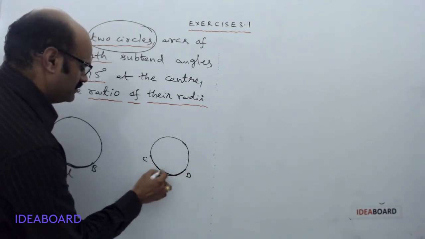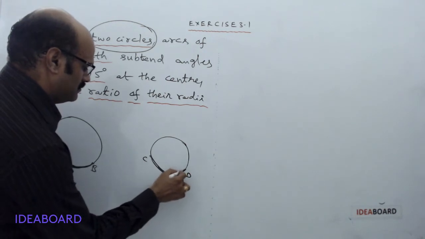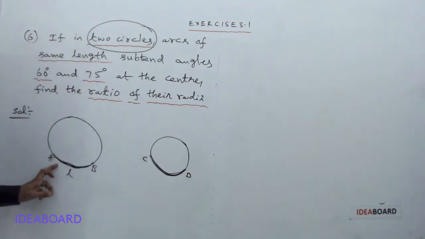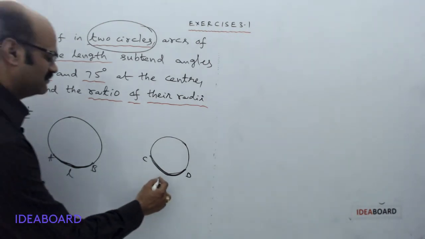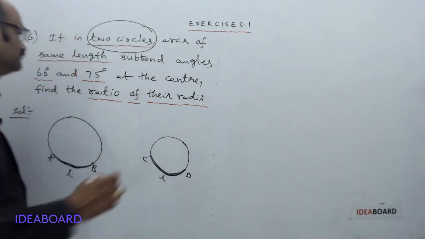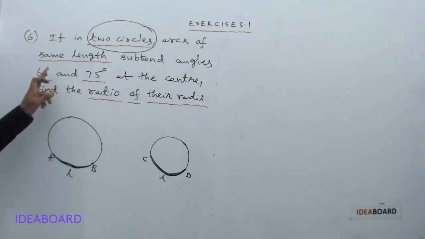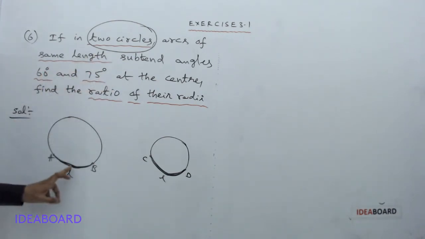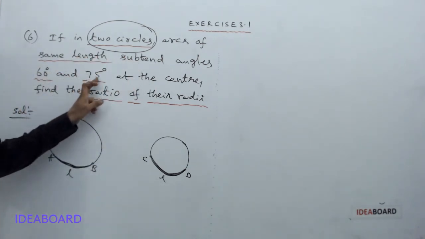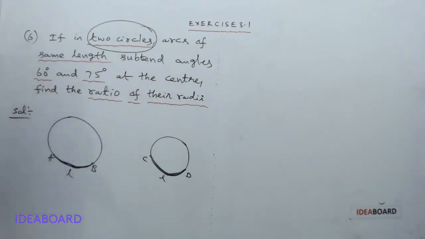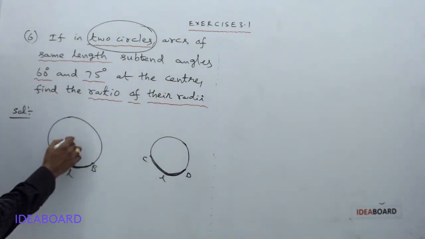It is given that the length of arc AB equals the length of the arc CD. Take this one also as L. Now the same length L subtends angles 60 degrees and 75 degrees at the center, and the first one subtends an angle of 60 degrees at the center.